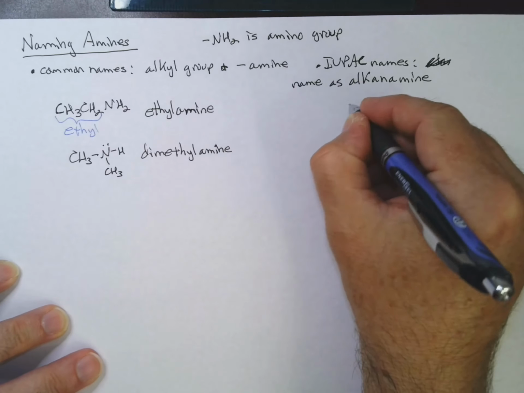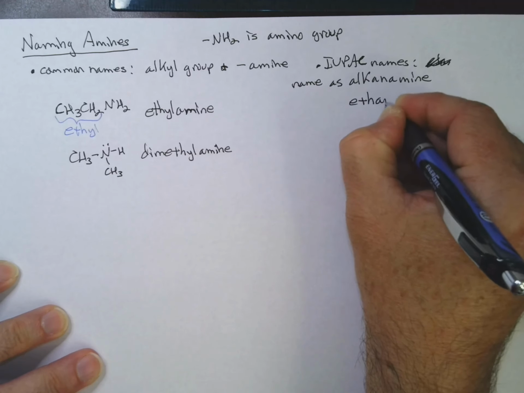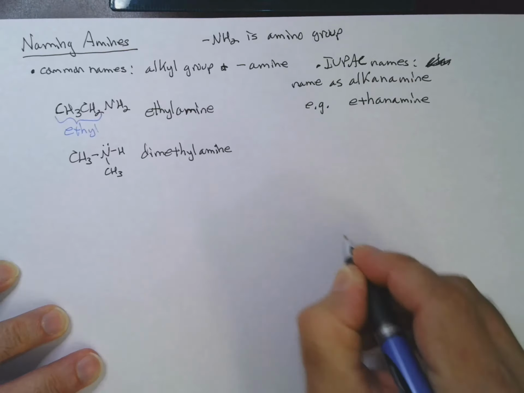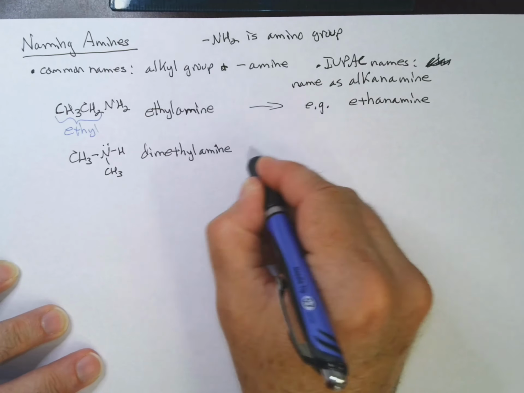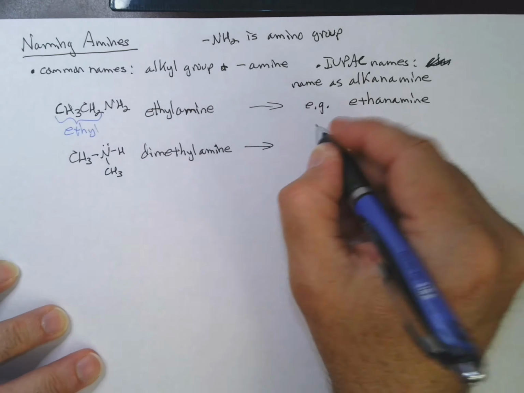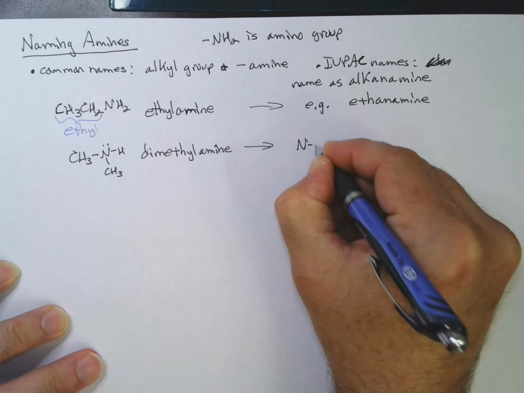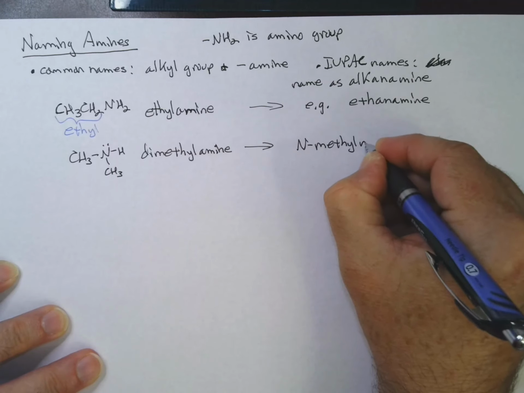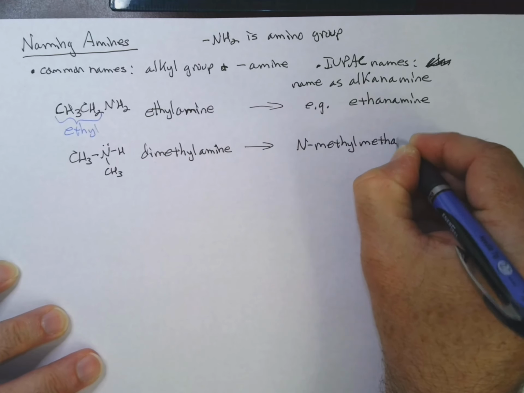So now our ethylamine would become ethanamine. And dimethylamine would be N-methylmethanamine.